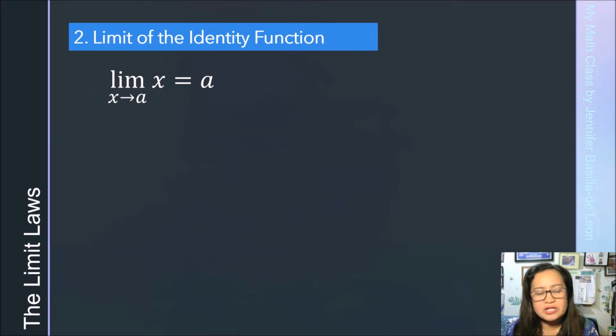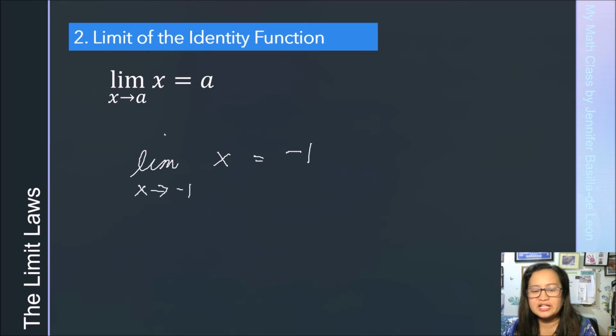Now when we have the limit of x as x approaches a, then we can have a. Just like if we have the limit of x as x approaches negative 1, we can just evaluate the given function at x equals negative 1. Hence, we arrive at negative 1. So the limit of x as x approaches negative 1 is negative 1.